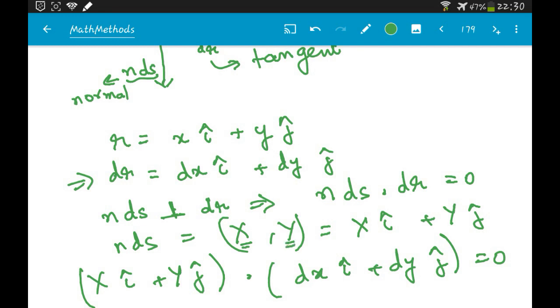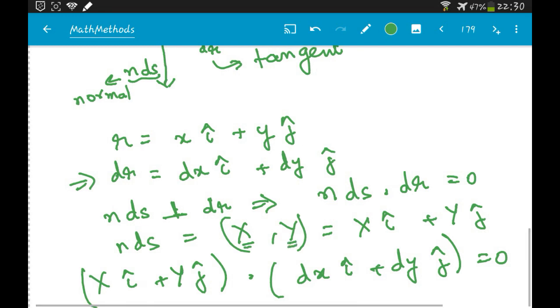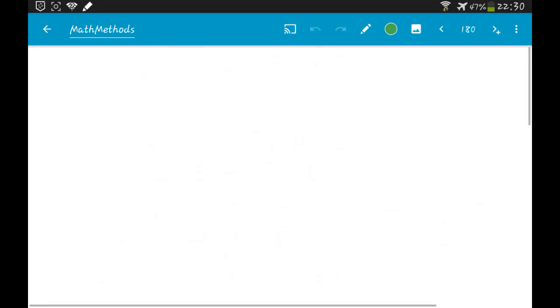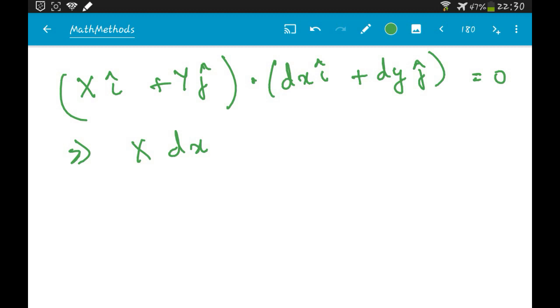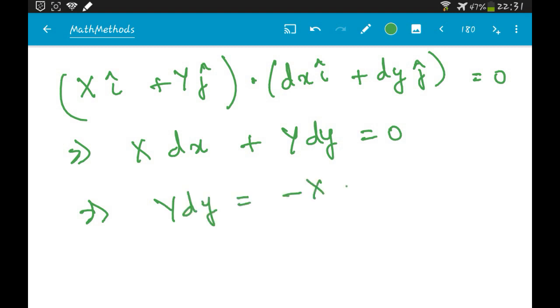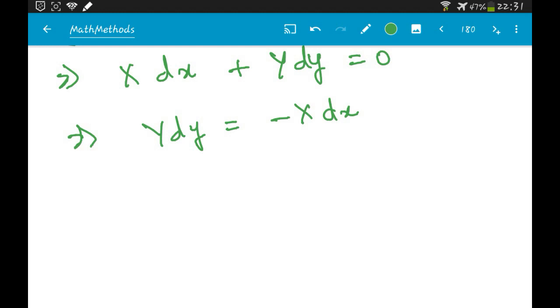We don't know what capital X and capital Y are; we are going to find them out. This means X dx plus Y dy is 0, which means Y dy is equal to minus X dx, so X over Y is nothing but minus dy by dx.